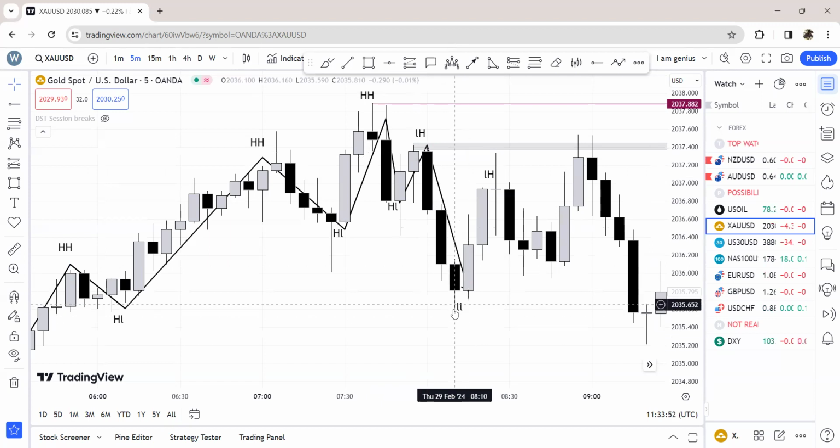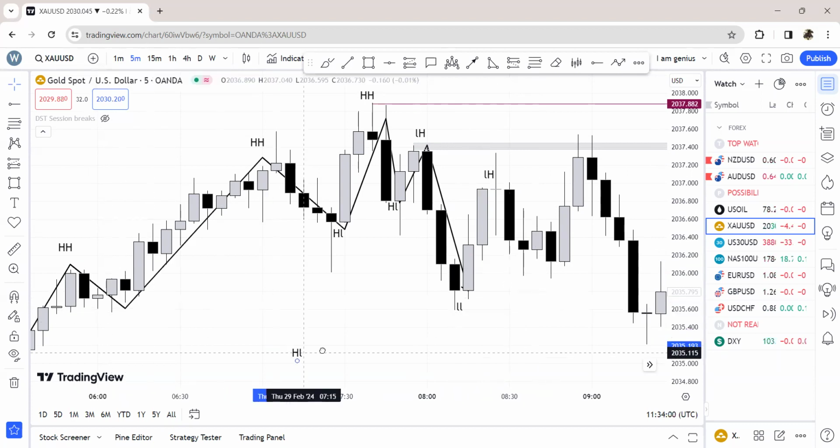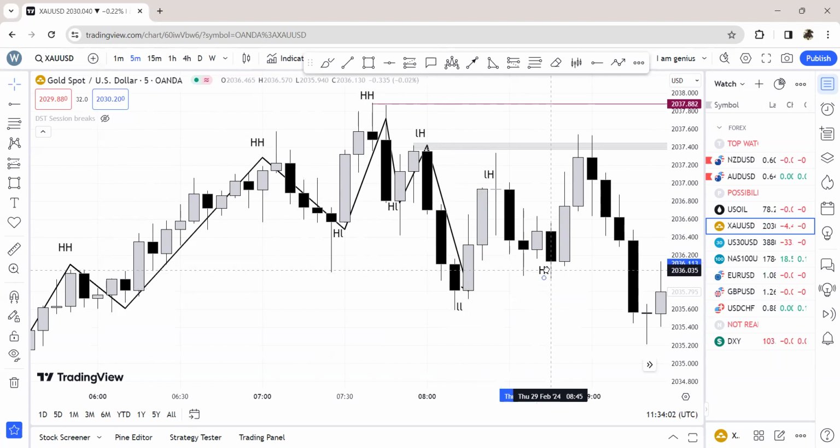So it continues. Here the market makes a lower low. Here there's some form of minor shift. The market forms a higher low, more like it's pushing to an uptrend.